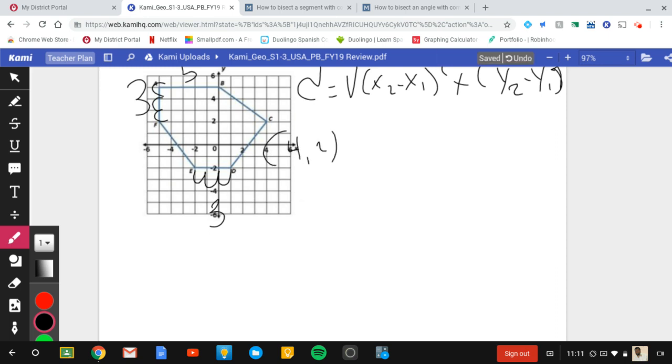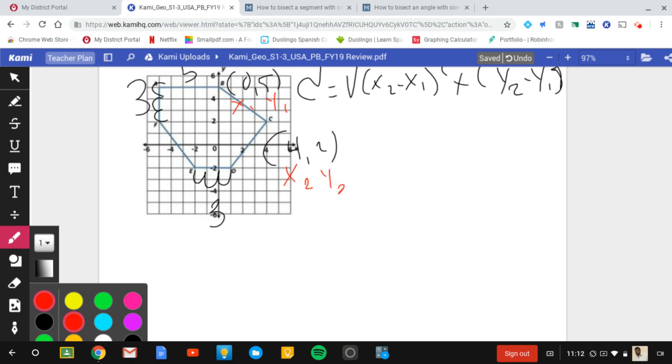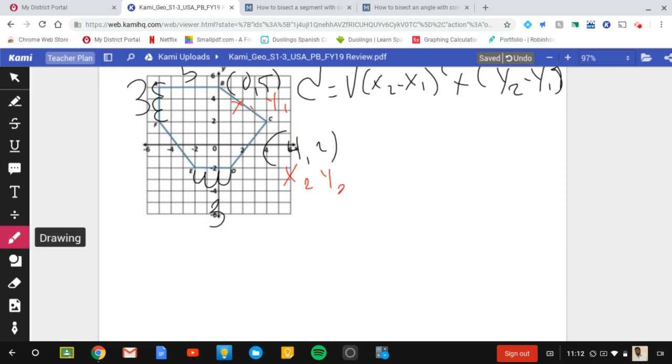Point B we know is at 0, 5. So we can call this my x1, y1 and this will be my x2, y2. It doesn't even matter which is which. Just make sure you stay consistent when you plug it in.